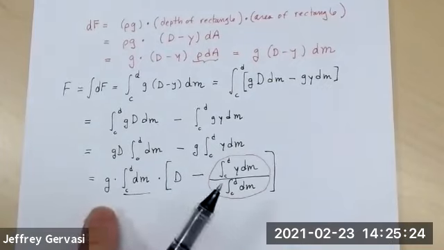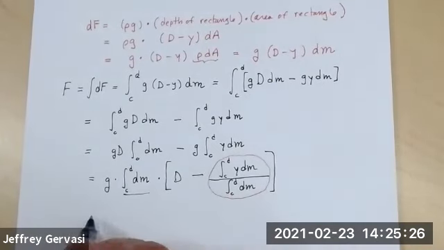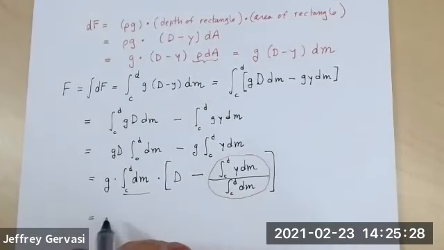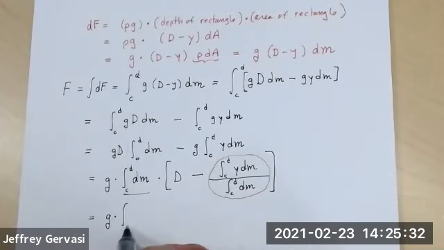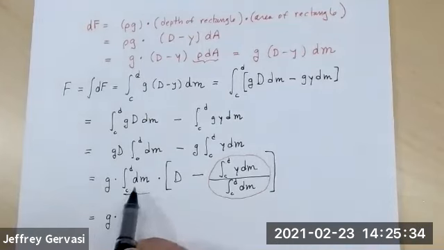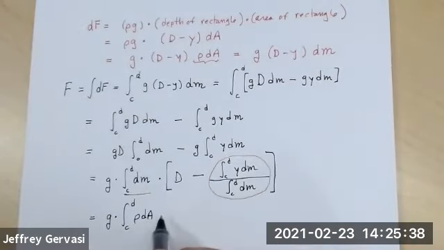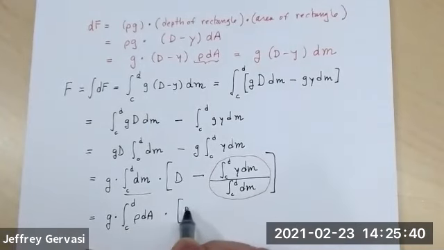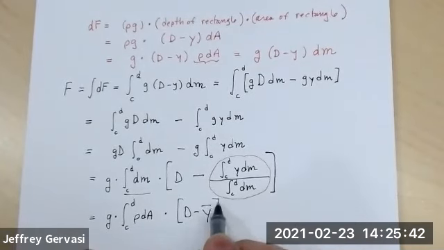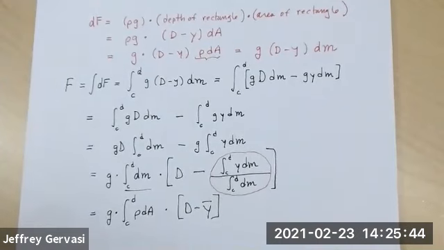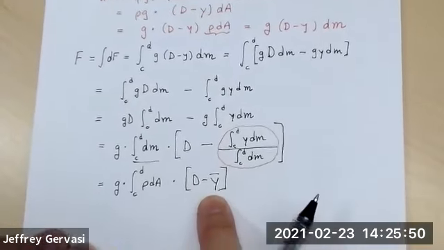So again, I'm going to rewrite my expression here. The differential element of mass, remember, that's rho dA. Okay, and I replaced that stuff in the red circle right there with the y-coordinate for the centroid or center of mass.